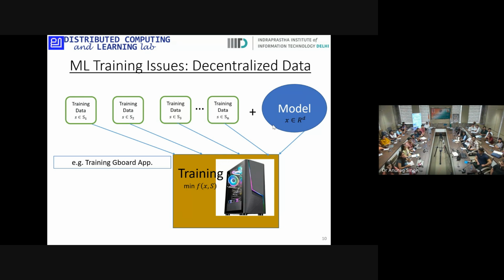So what Google does is that as you install your Google Keyboard app on your mobile, it installs along with it a small machine learning model on your mobile itself. And when your mobile is idle, when you are not using it, maybe overnight, that small machine learning model is trained. That's how your battery is sometimes drained, right?